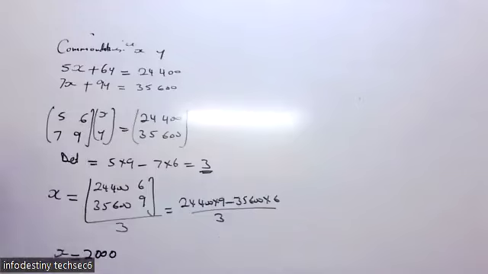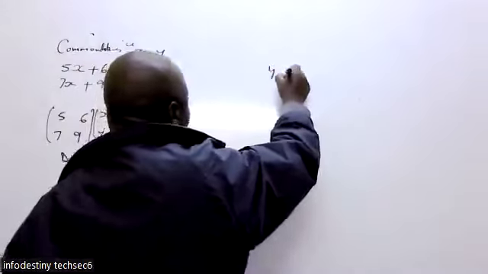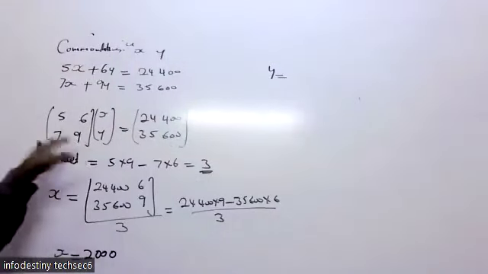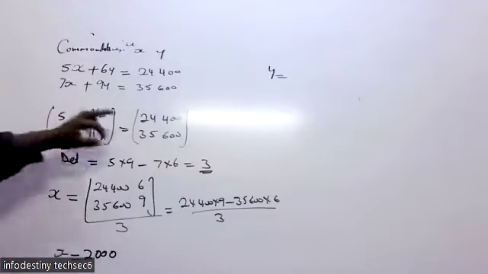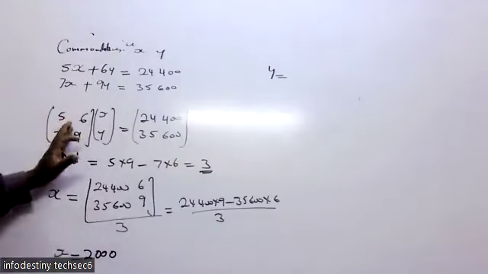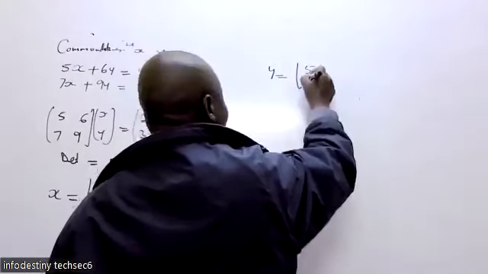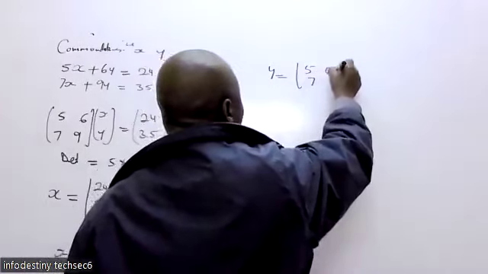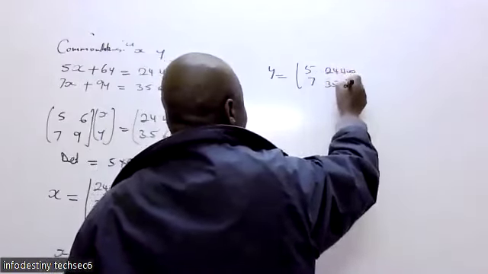Then we get our y. So for you to get y, we are going to say y will be equal to, now we go to the original matrix. Then we replace this one with this, and then this one remains constant. So that's going to be 5, 7, 24,400, 35,600.